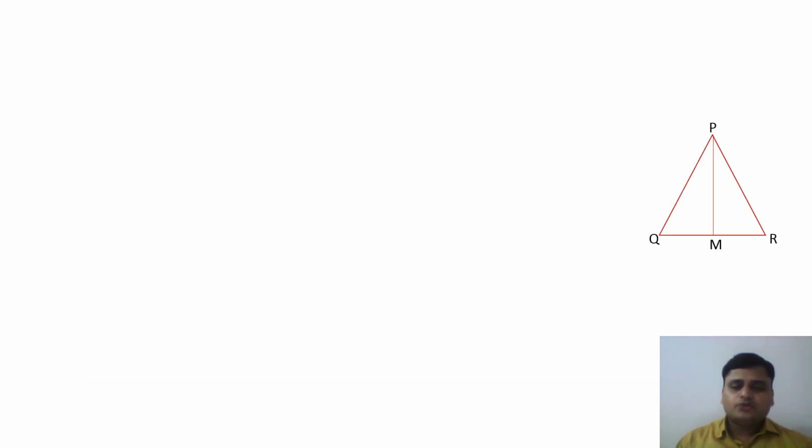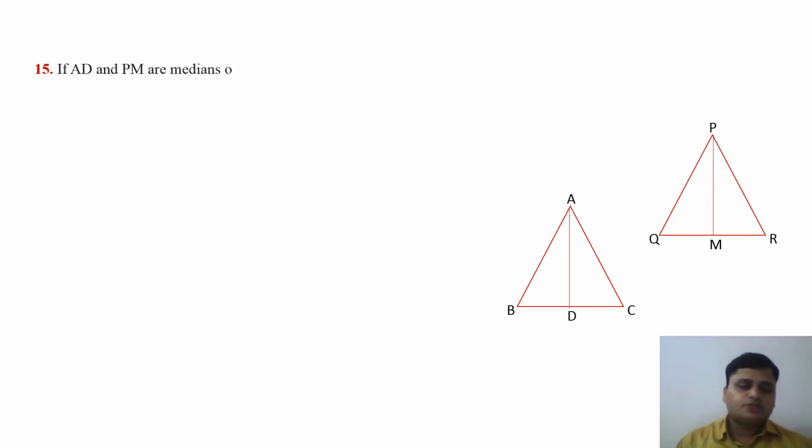Now you all can see this question. In these, two figures are there. One is triangle PQR, another one is triangle ABC. In this, AD and PM are the medians. What is given? That AD and PM are the medians which have been drawn.